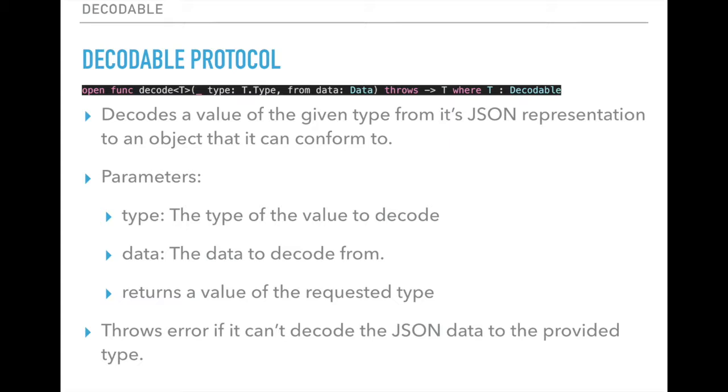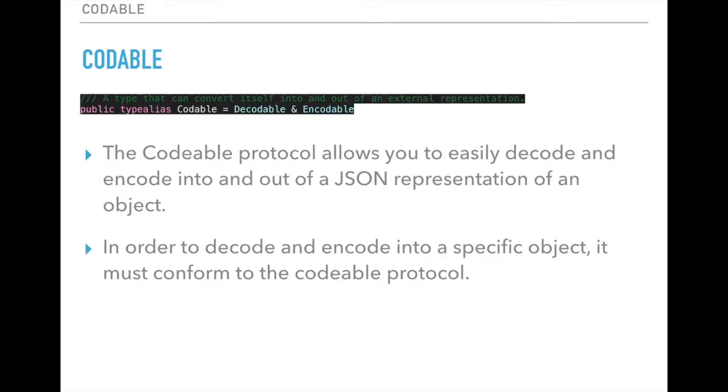And the data is just the data that you're getting back from the API. If everything goes well, it'll return back a value which is cast as the type that you've defined. And again, if it errors out for some reason, like if the property names don't match up, it'll throw an error, and then you can debug and catch those.